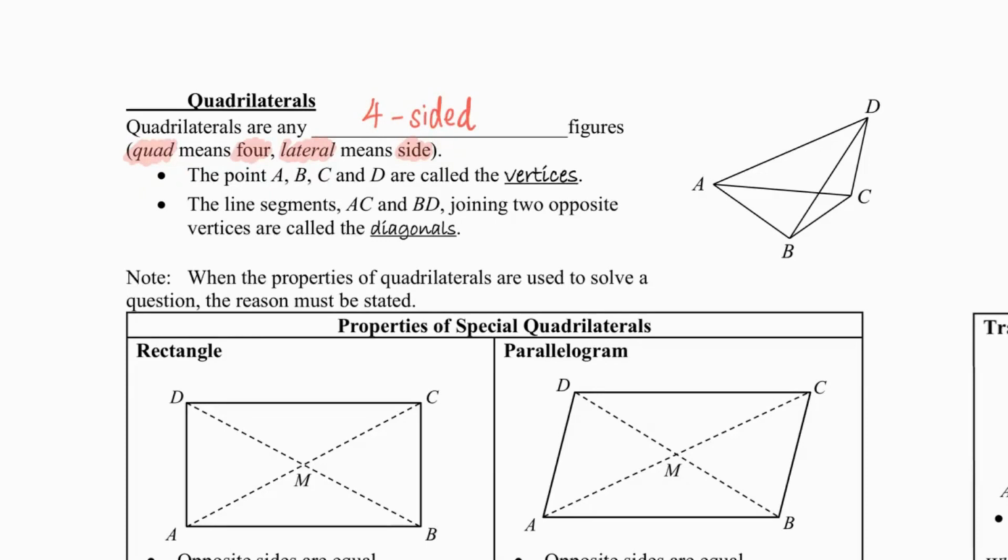And some of the things that you should take note of are the terms. What is the meaning of vertices? They're actually the points. So this A, B, C, D, this is what we call vertices.